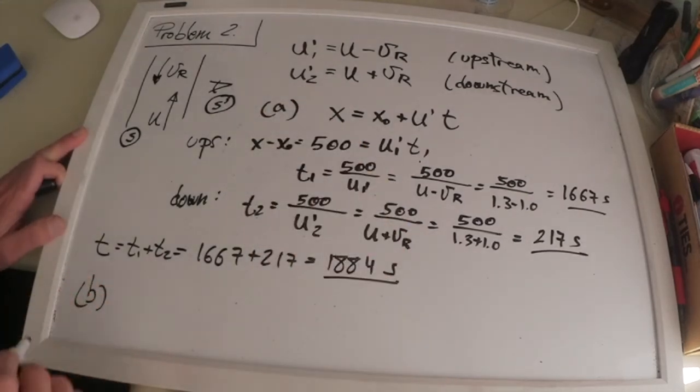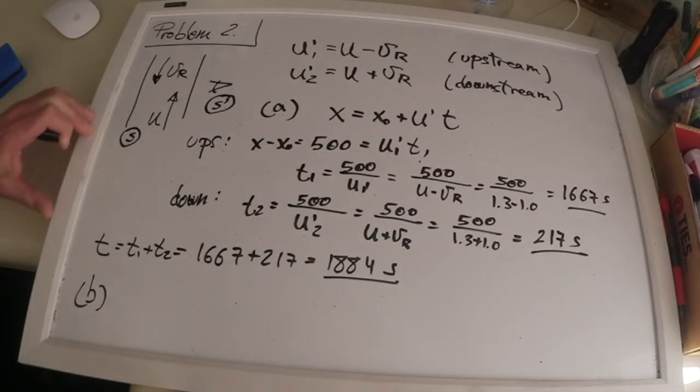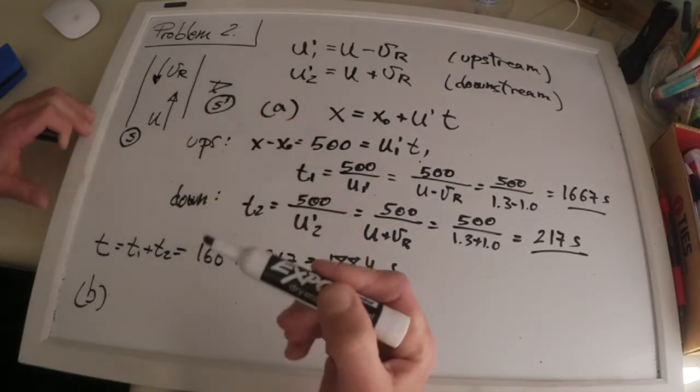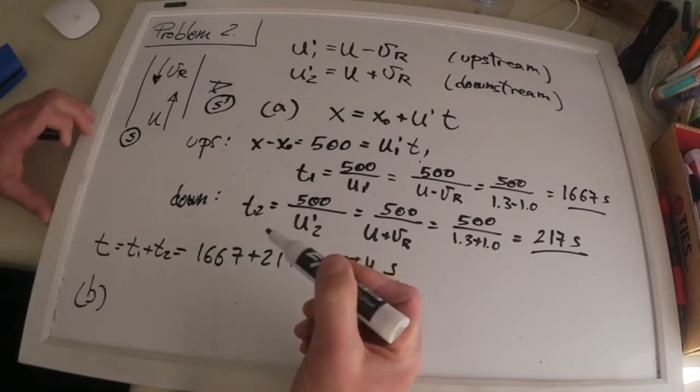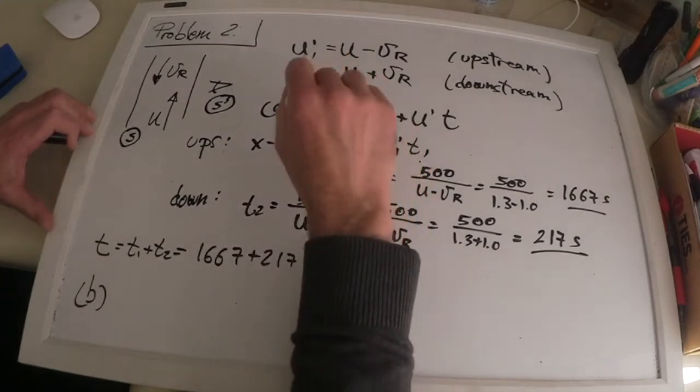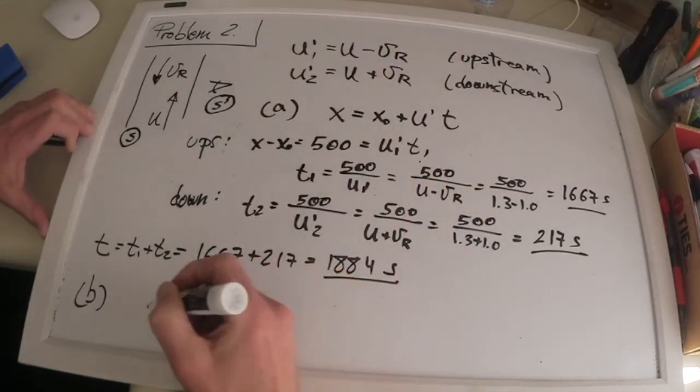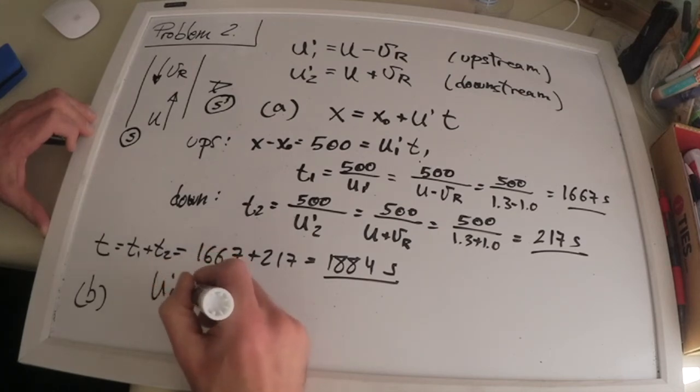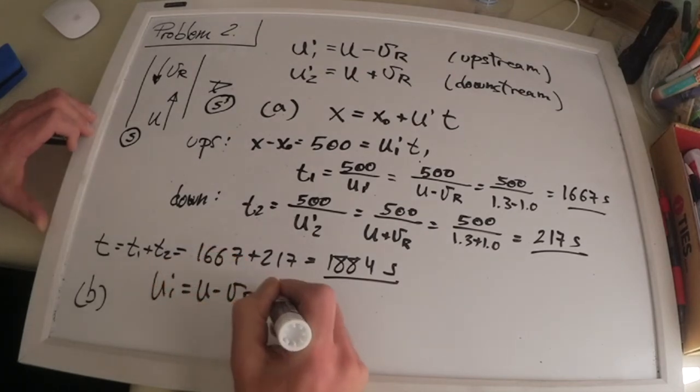We want to know what's the velocity of the swimmer as seen from the river bank when it's going upstream and downstream. Well, again, using Galileo transformations, or just using these expressions here, we get that u1 prime is u minus vr.